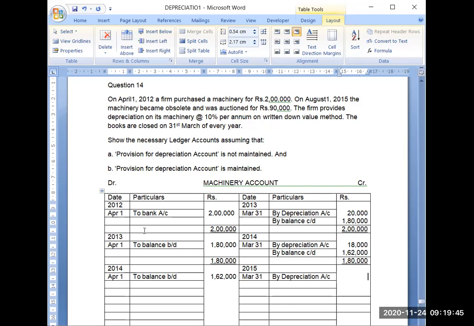Now the written down value is 1,62,000 and the machinery has been used again for one complete year. So we will charge 10% of 1,62,000 and the depreciation will be 16,200. We will again calculate the balance.